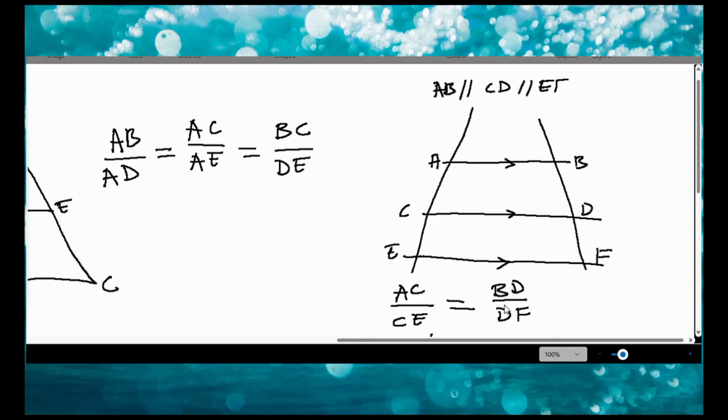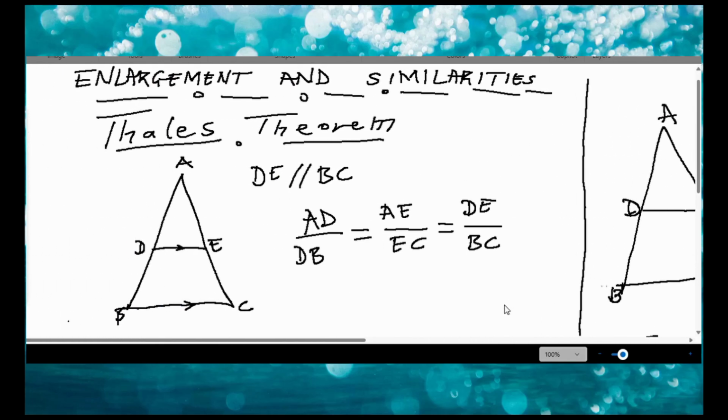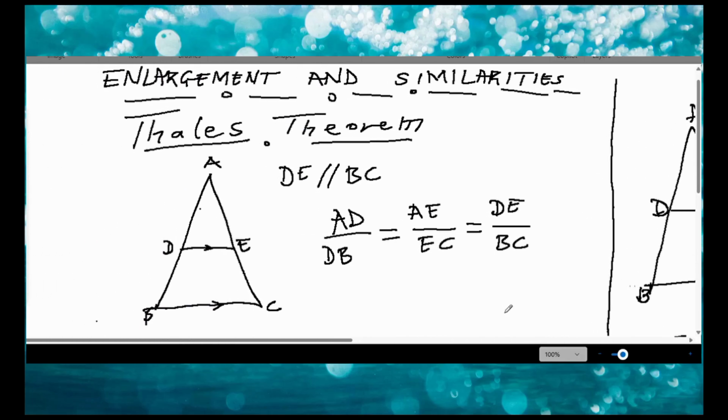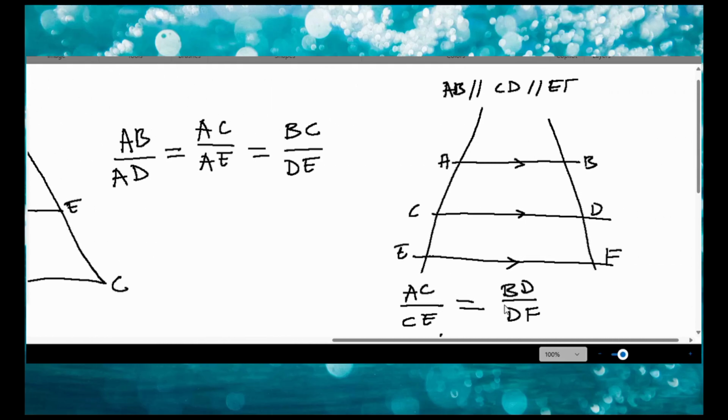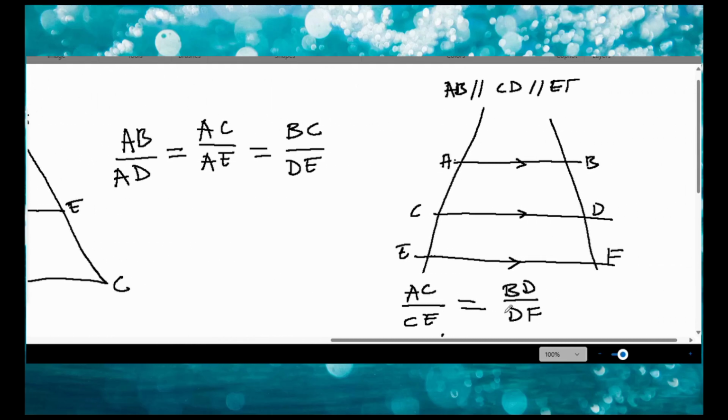And looking at the previous one, we saw that AD over DB. Over here too, we're going to follow the same procedure, that is AC over CE. And this should be equal to the other side, BD over DF.